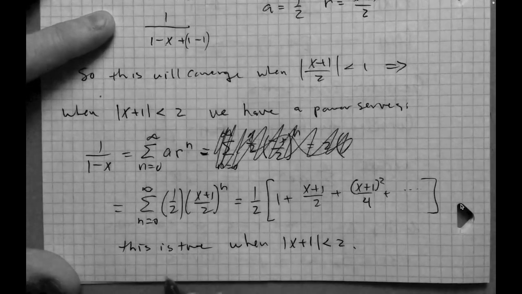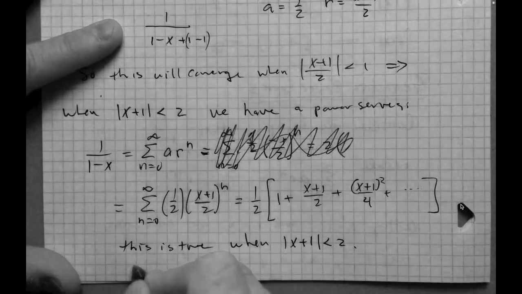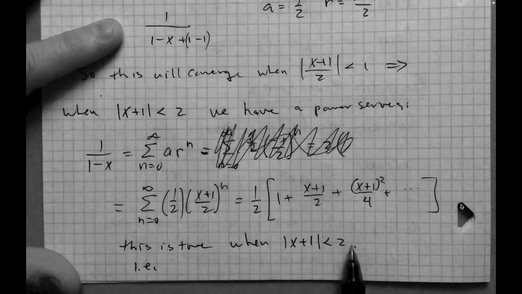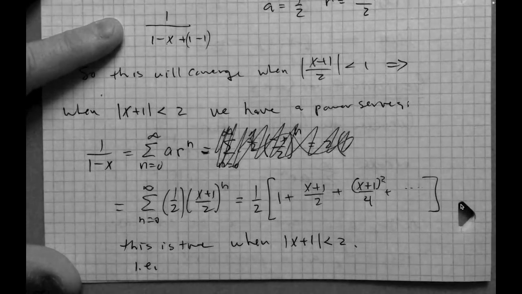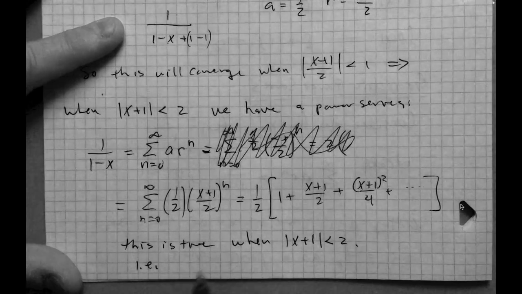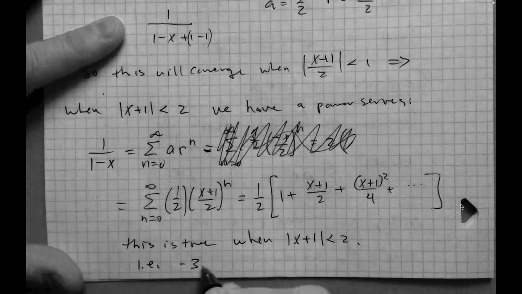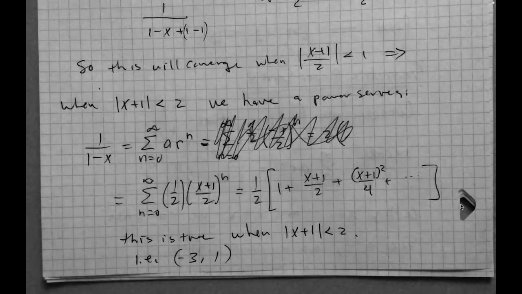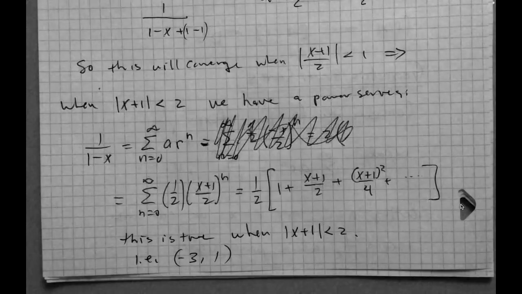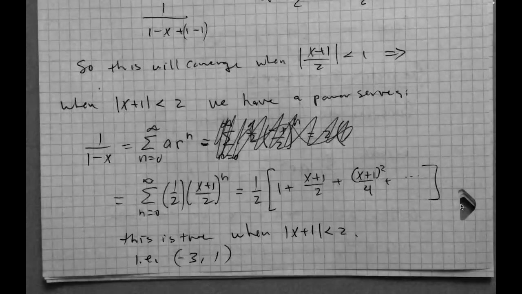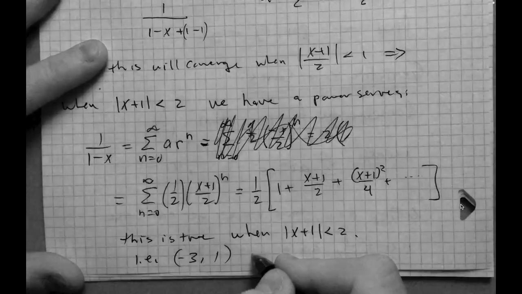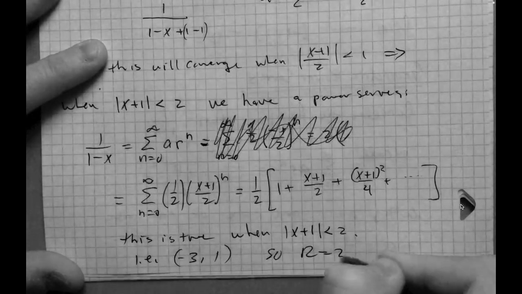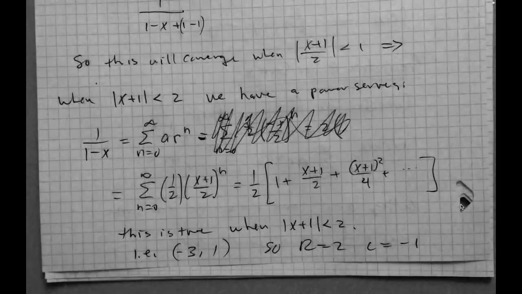Well, if I add 1 to both sides of this, I get -3 up to 1. All right. So this has a radius of 2, but it's centered at -1. Okay, so that's this example.